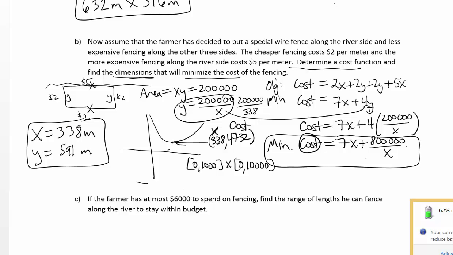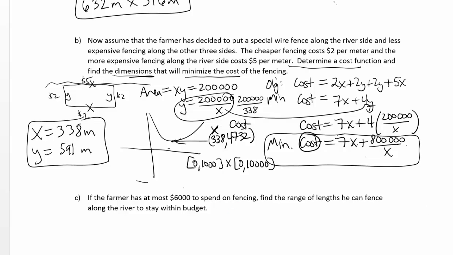Okay, so last question is going to be to determine if the farmer has at most $600,000 to spend on fencing, find the range of lengths he can fence along the river to stay within his budget.